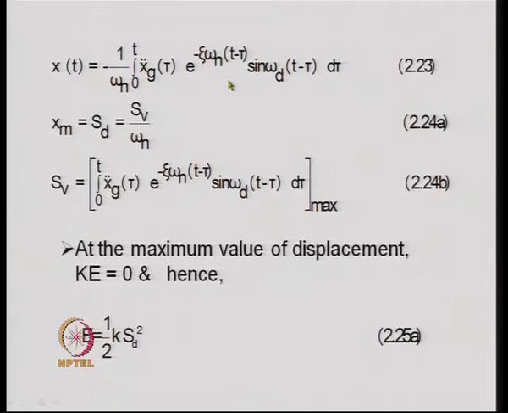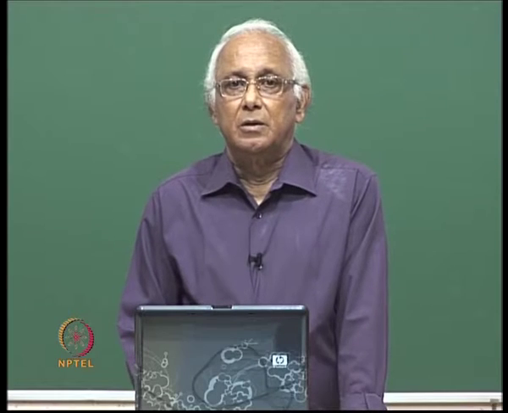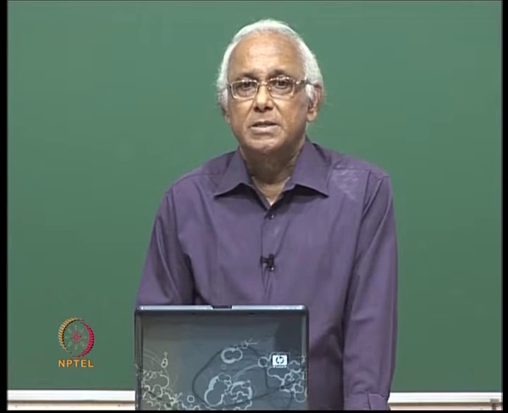The basis of the Duhamel integral I just want to mention so that you can recall it, that if we give an impulse of x double dot g tau into d tau, then the response at a time t will be equal to the free vibration that takes place due to the impulse.